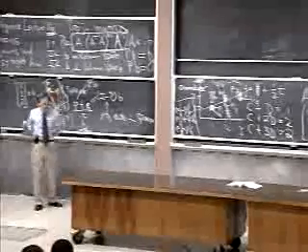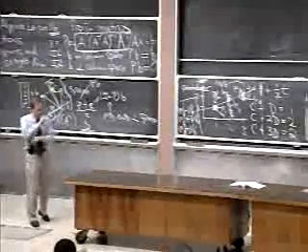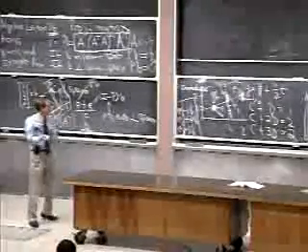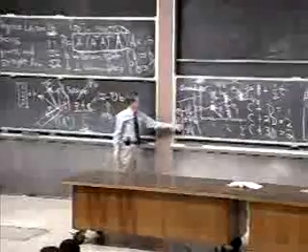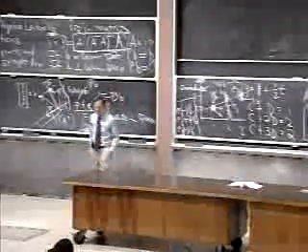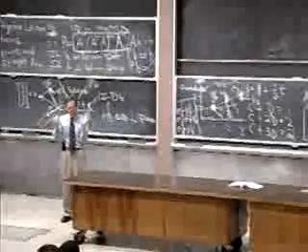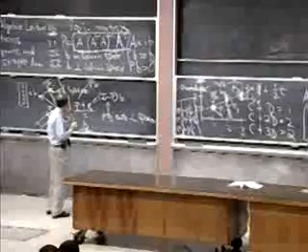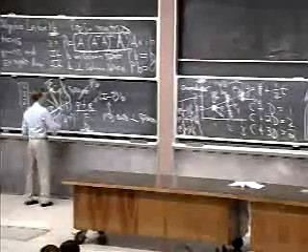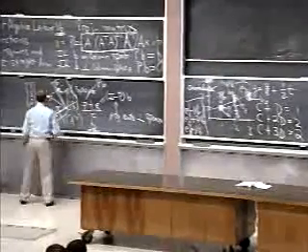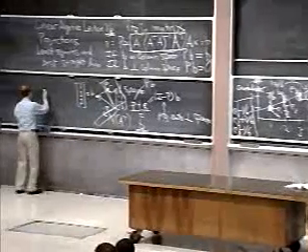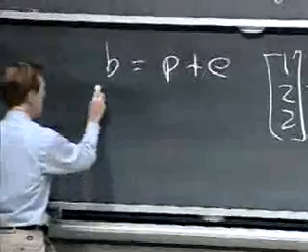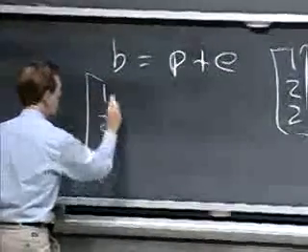Now, I'm going to take a deep breath here and ask, what do we know about this error vector E? You've seen now this whole problem worked completely through, and I even think the numbers are right. So I'll write out, if I can put it down here, B is P plus E. B, I believe, was 1, 2, 2.